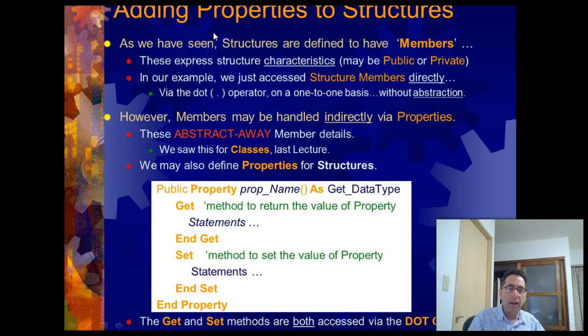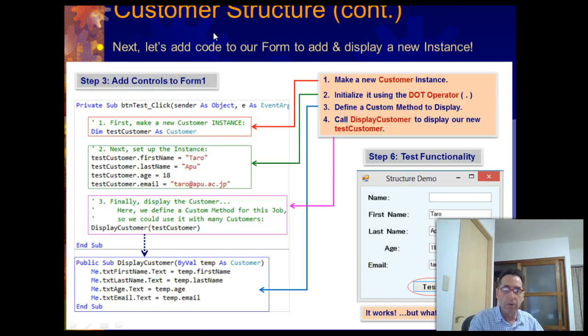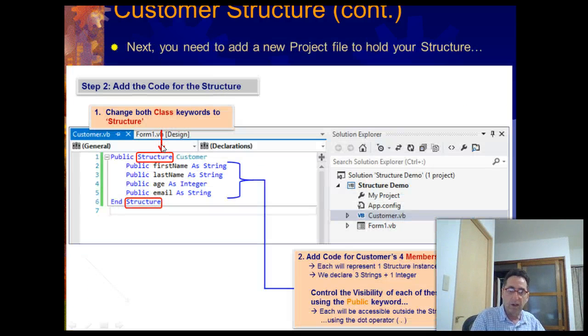So now we're going to talk about adding properties to structures, and the name is going to be a property as opposed to a member. As we have seen, structures are defined to have members. So the members were these four. Well, let's go back here. So these are the members here.